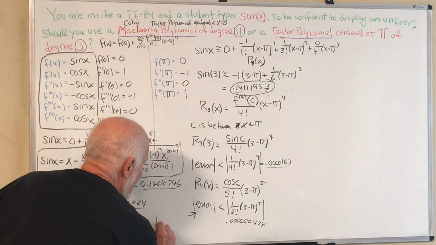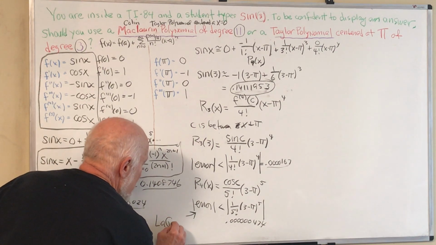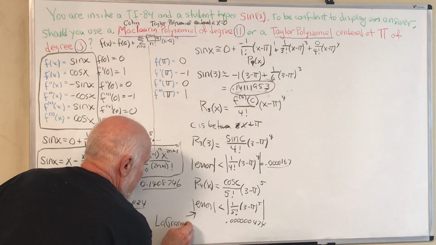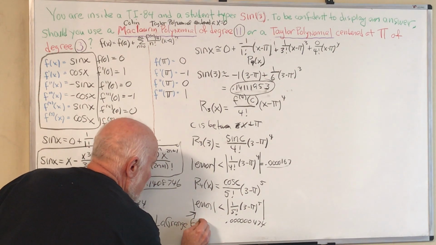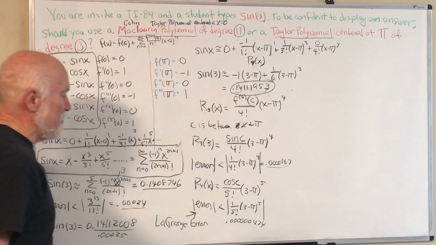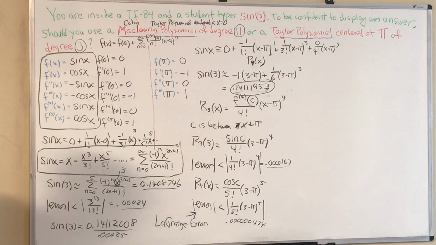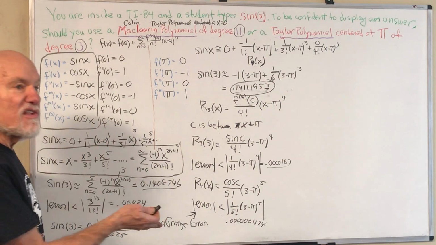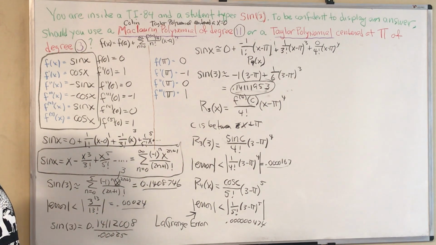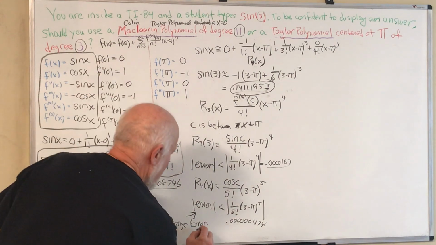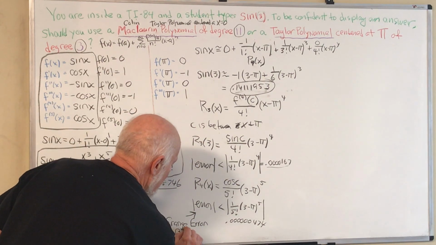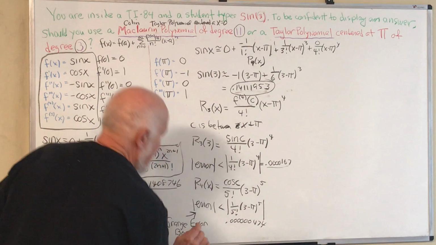And so this is called the Lagrange error bound, because he used a lot of Taylor and Maclaurin's work and used these error bounds to be approximating a lot of functions. So this is called the Lagrange error bound.